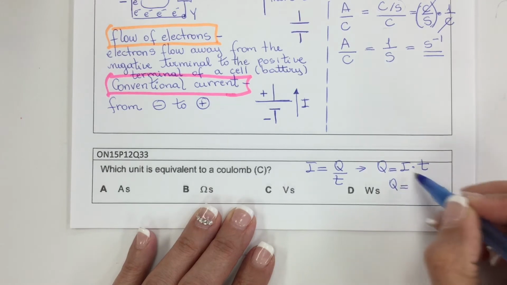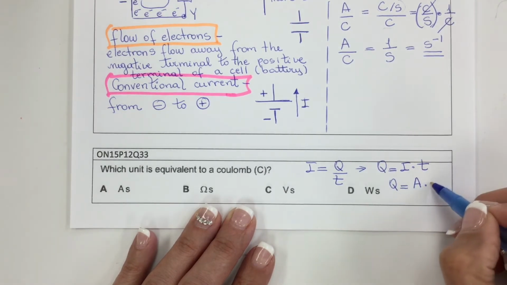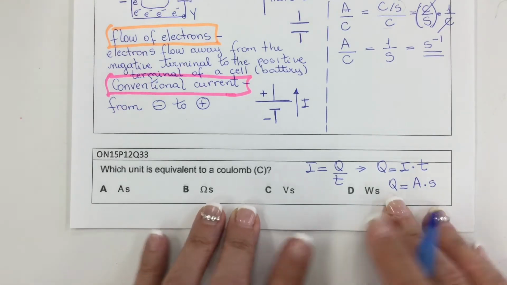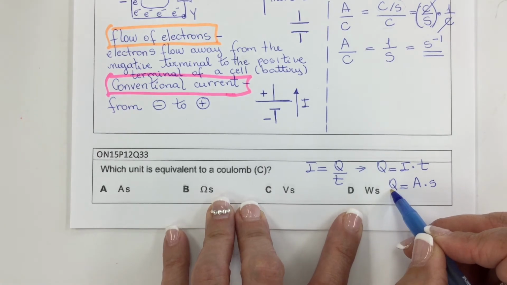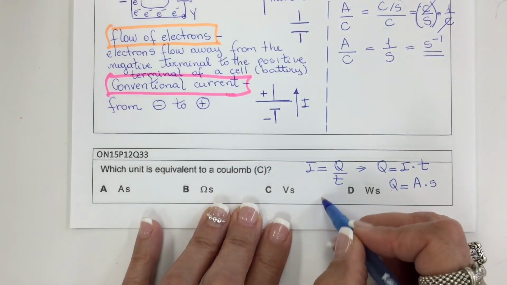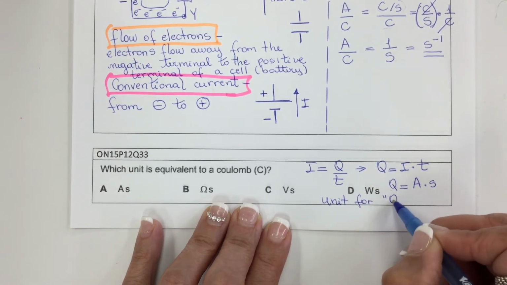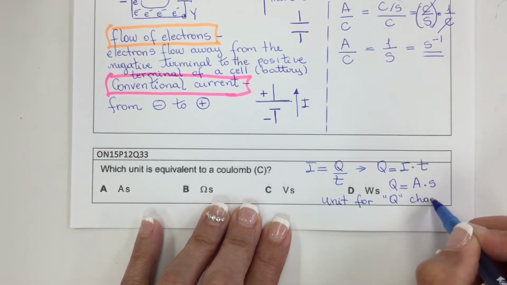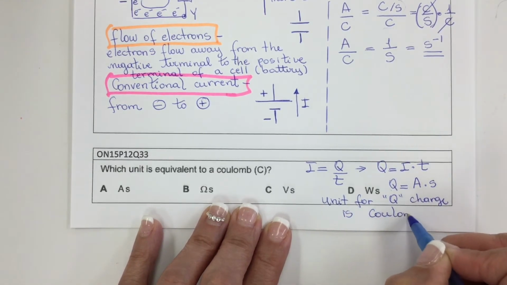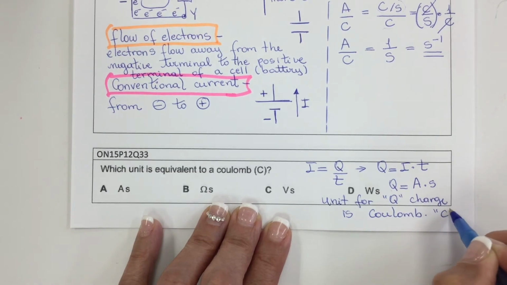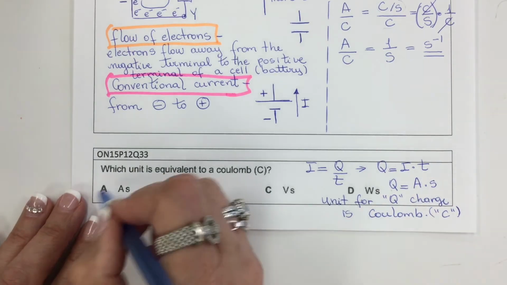So charge is, current is amps, and time is seconds. So this is a charge, and the unit for charge, Q, is coulomb, or C.